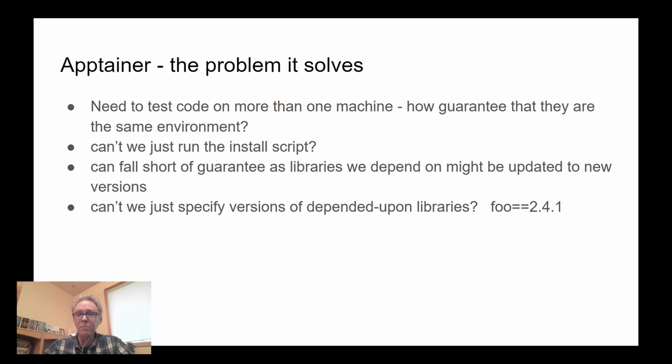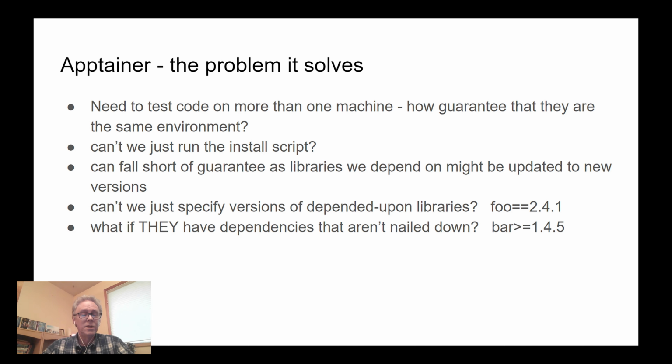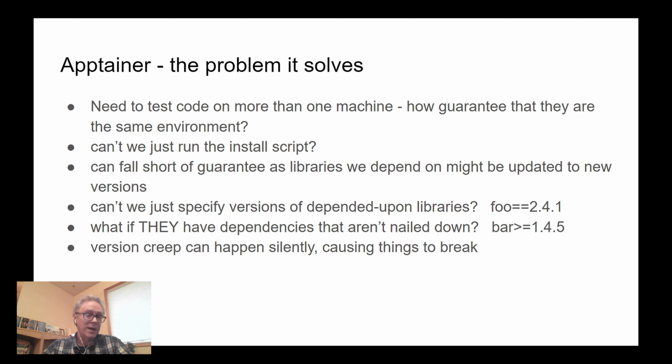Now, what happened to my project was we learned that sometimes those libraries that we depend on, they have dependencies that aren't nailed down, and we can't change that. So what would happen would be that we'd run the install and our system would break and we'd lose a day. And so that's the problem that Apptainer is designed to solve.